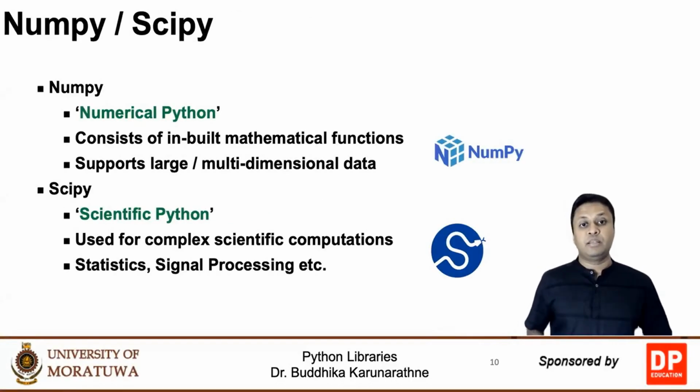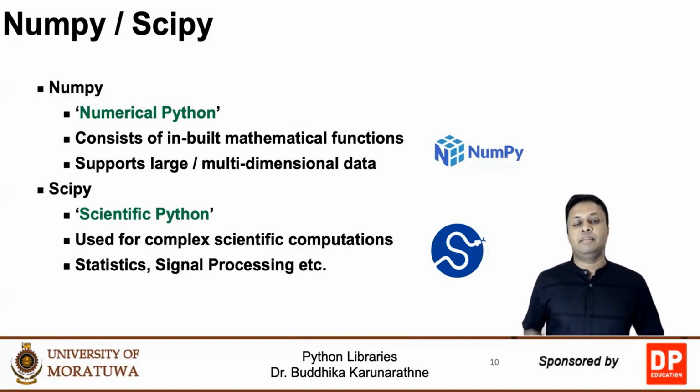NumPy is a vastly popular Python library for numerical computations. It consists of a wide collection of built-in mathematical functions to make the complex calculations more efficient. NumPy can deal with large and multidimensional data sets.